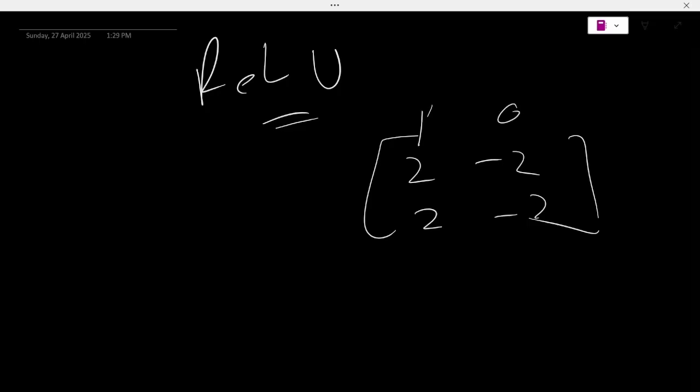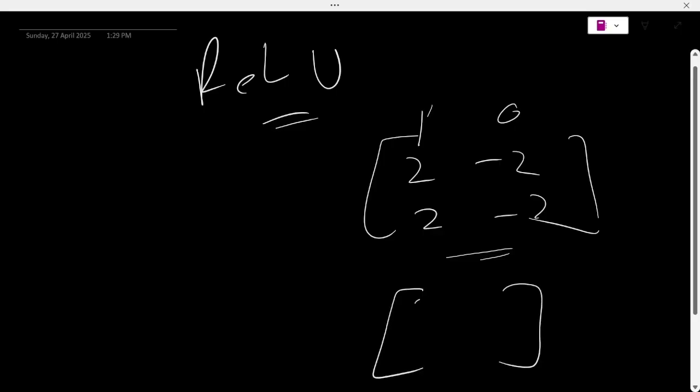If it is negative, it will turn it to 0. After the image, magnified by the filter, goes through the ReLU function, the output will become 2 2 0 0. All the negatives got turned into 0, and positives stay as is.